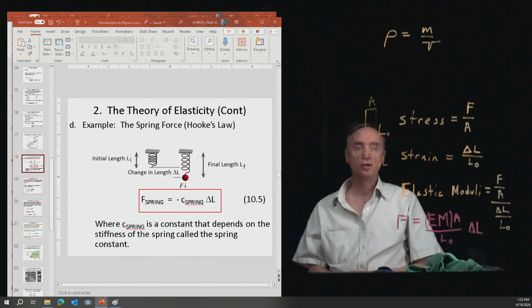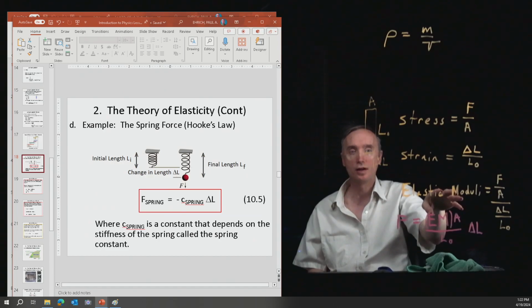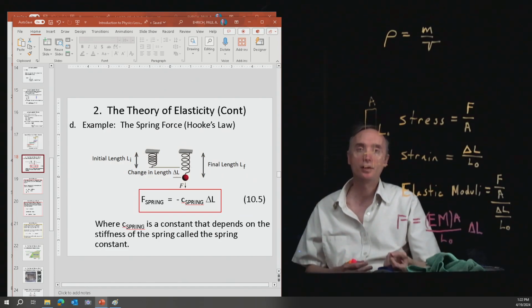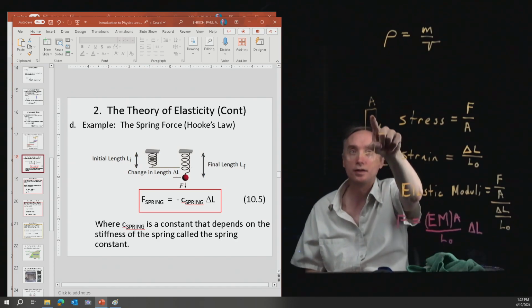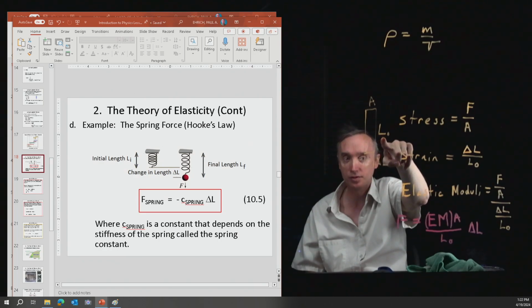Now we want to apply the concepts of stress, strain, and elastic moduli to a spring. So let's pretend that the spring is nothing more than a piece of metal that originally has a length L sub 0.